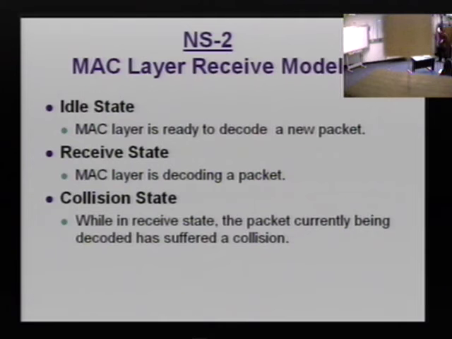If it's not, the model switches into the collision state and it stays in that state until the longest packet ends, like it might be the currently received packet or the new packet, whichever is longer.